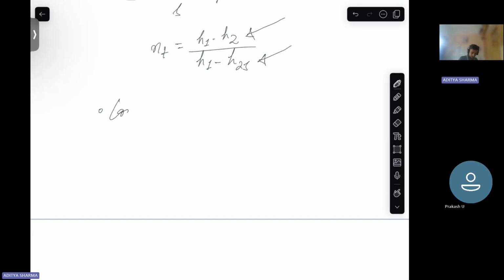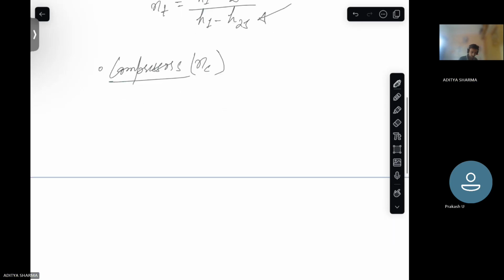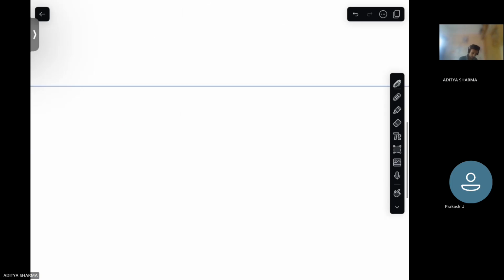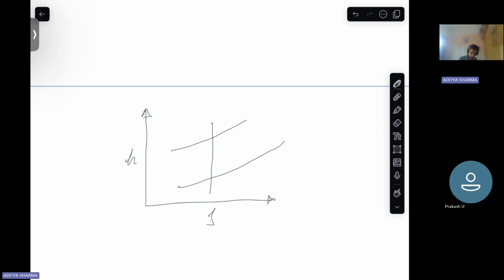Similarly, for compressors or pumps, the diagram is this way. Again, it's the same diagram. In this case, it is moving from here to here.